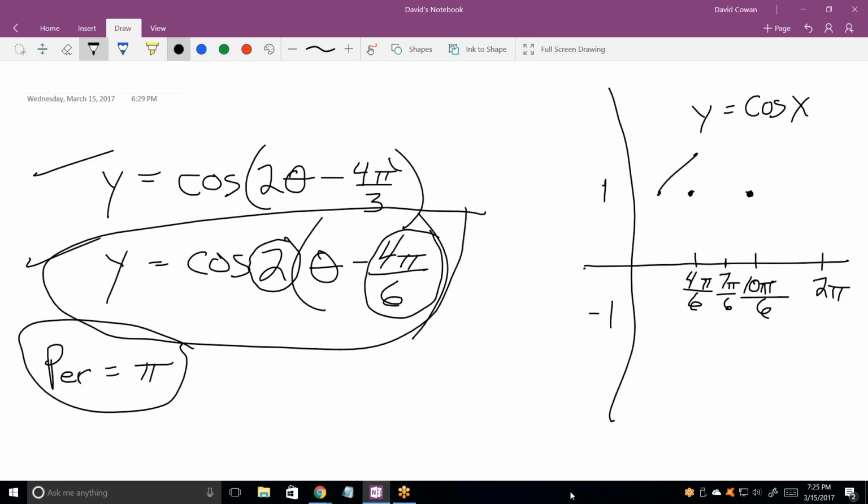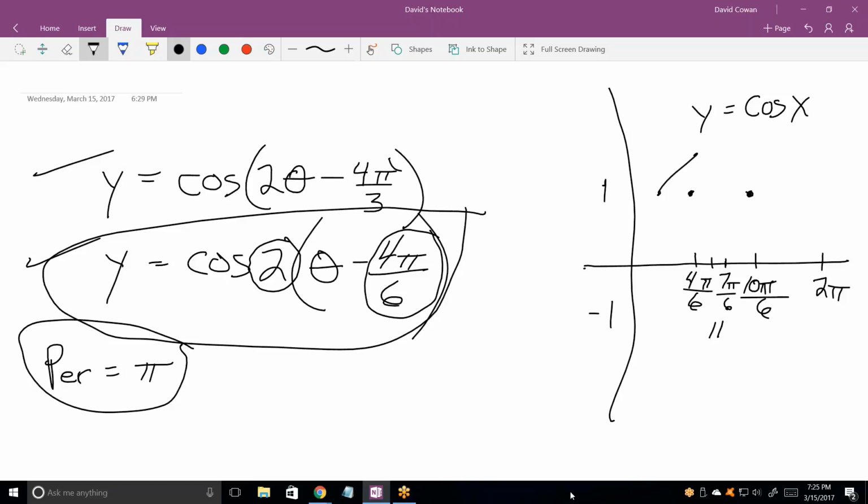Well, now I still got to finish quartering it. So what's that point right there? 11 pi over 12 now. In other words, we're finding the halfway point between 4 pi over 6 and 7 pi over 6.